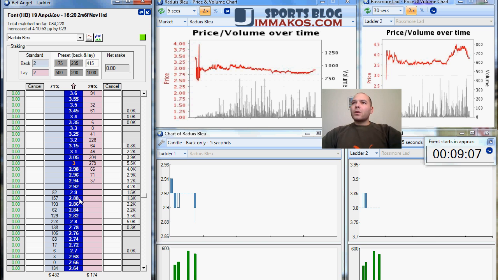While if we see the second graph, the graph of the second horse, we see that there is an apparent uptrend, which has retraced back to about 3.8, and I'm expecting it to bounce back and resume the uptrend. And this is why I'm going to trade also the second horse.